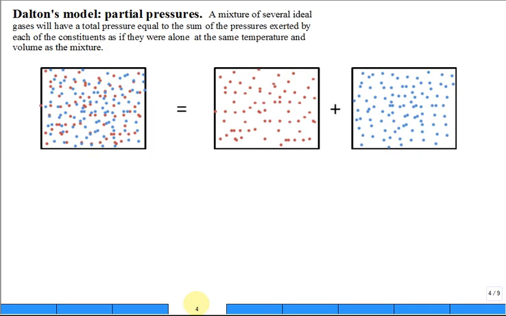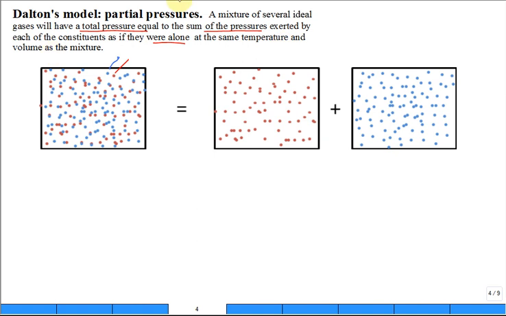Dalton's model for partial pressures. Let me just go ahead and read this. A mixture of several ideal gases. In this illustration, I tried to show blue and red molecules in a mixture. Okay. So continuing to read, the mixture of several ideal gases will have a total pressure equal to the sum of the pressures exerted by each of the constituents as if they were alone at the same temperature and volume as the original mixture.